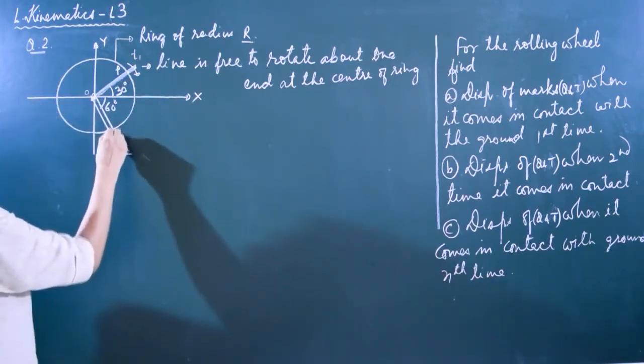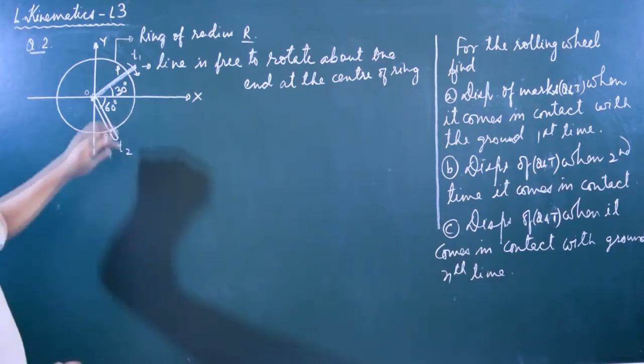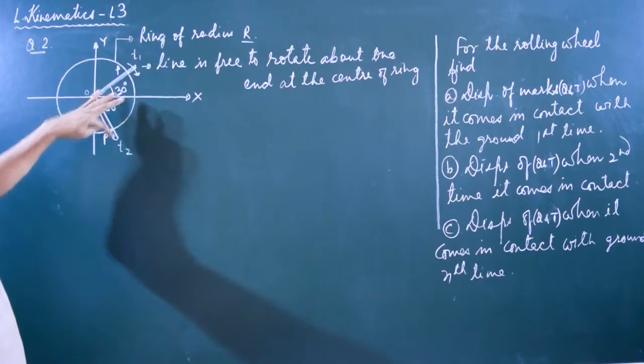So we have to get the displacement of the intersection point P of the ring between the time interval T1 to T2.